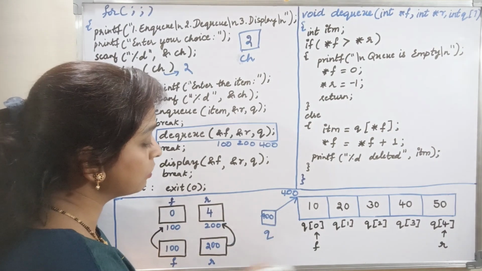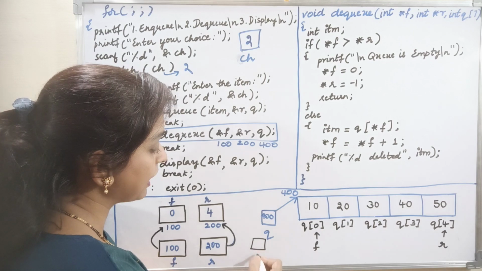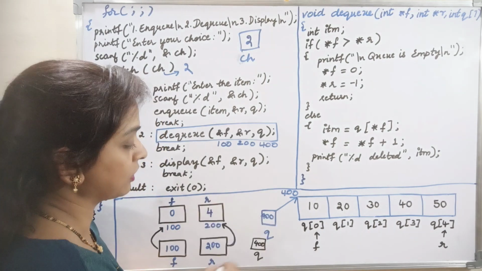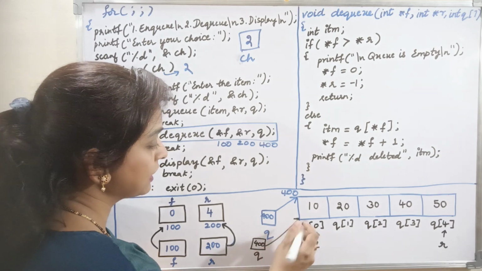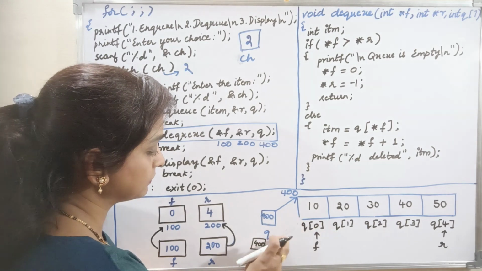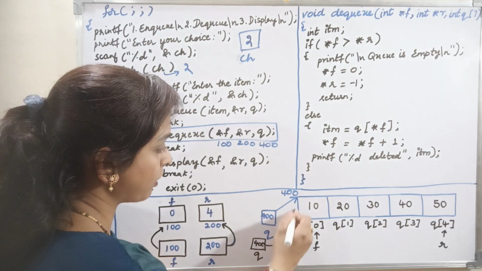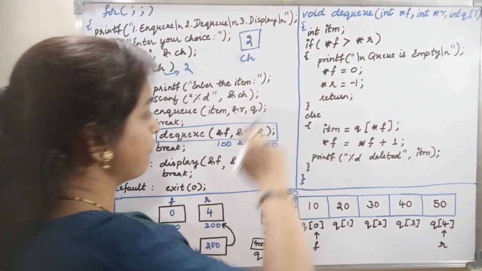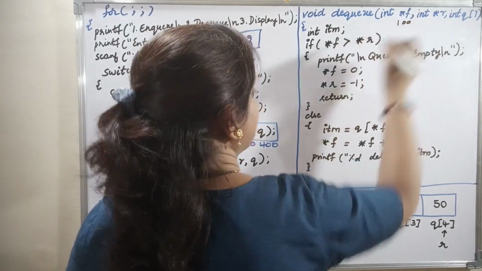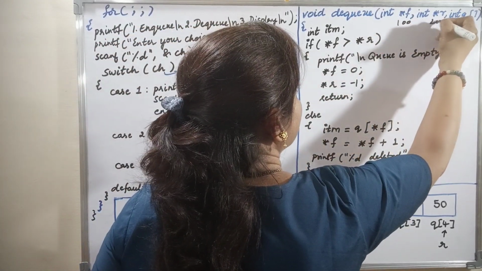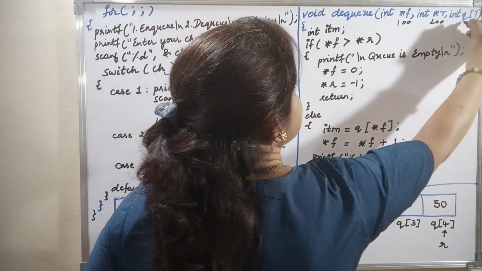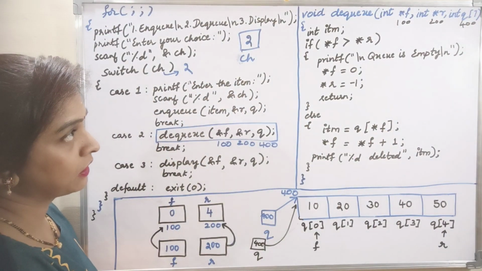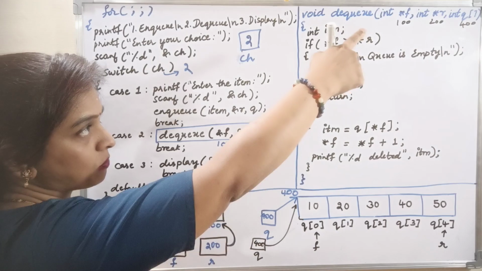So once again the array name q is receiving 400, meaning it is pointing to the same location, right? So we have f, which is getting 100, r, which is getting 200, and q, which is receiving 400. Pointer variable f, this is the actual argument, this is the formal argument.